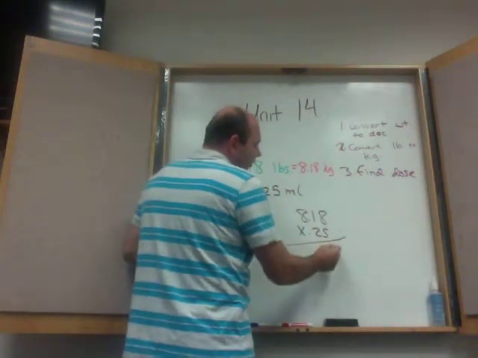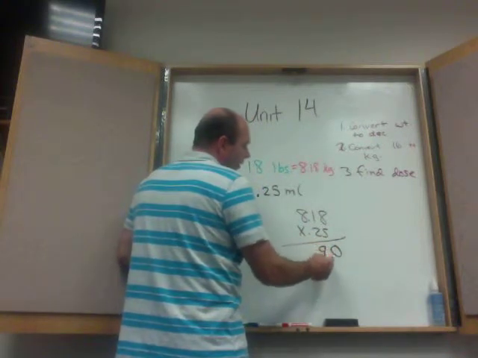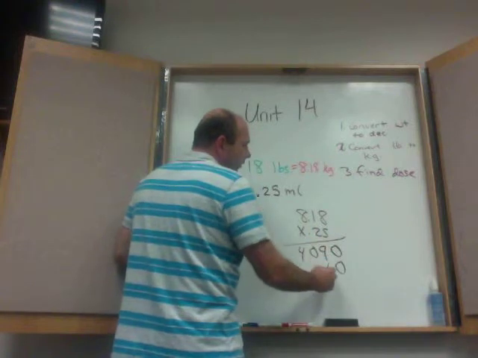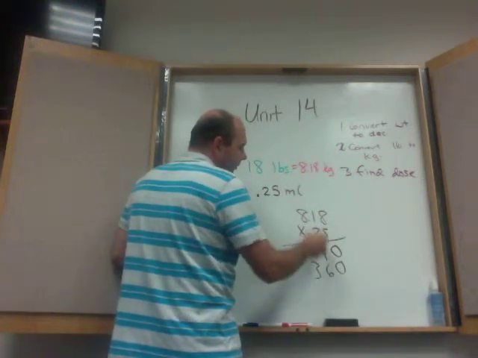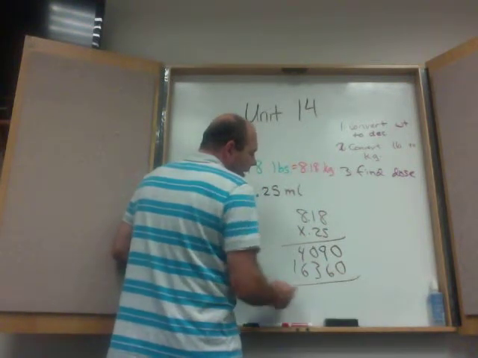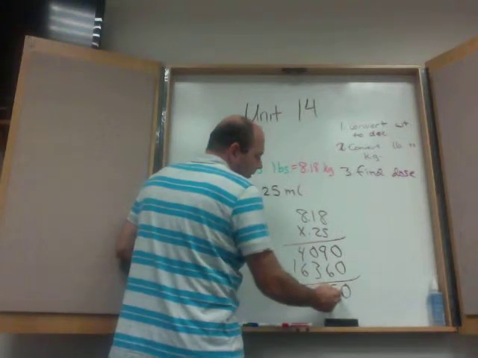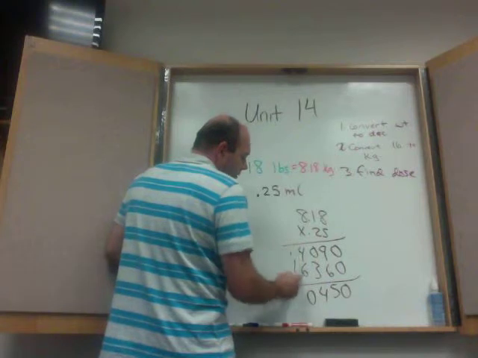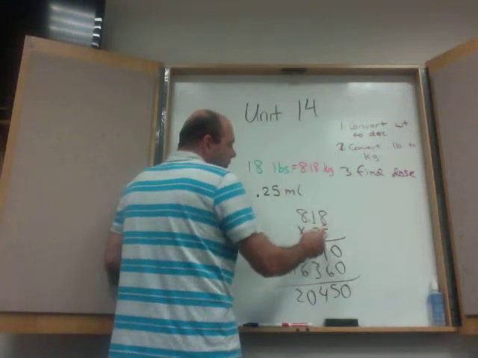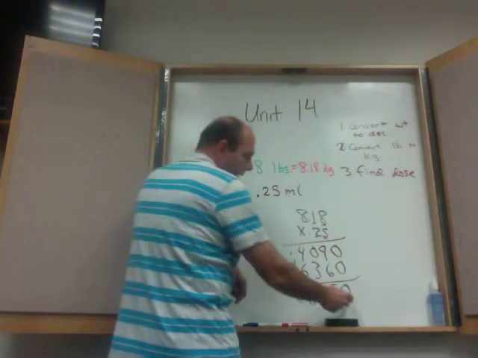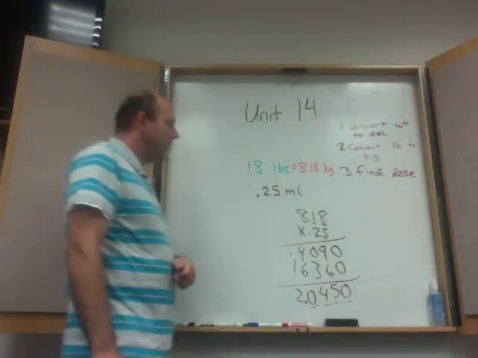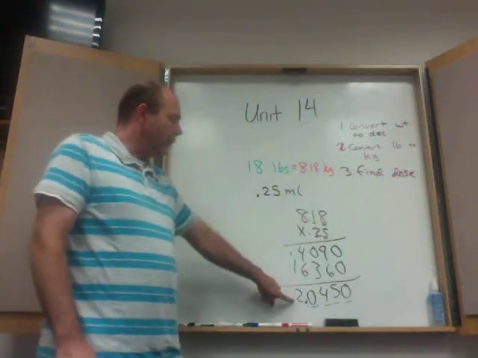5 times 8, 0, carry a 4, that makes 9, that makes 0, 4. Put a 0 down. 6, carry a 1, makes that 3, and 16. Add them up. 0, 5, carry a 1 is 4. 0, carry a 1 is 2. 1, 2, 3, 4 to the right of the decimal in my answer. And it tells me to round that to the nearest whole number.